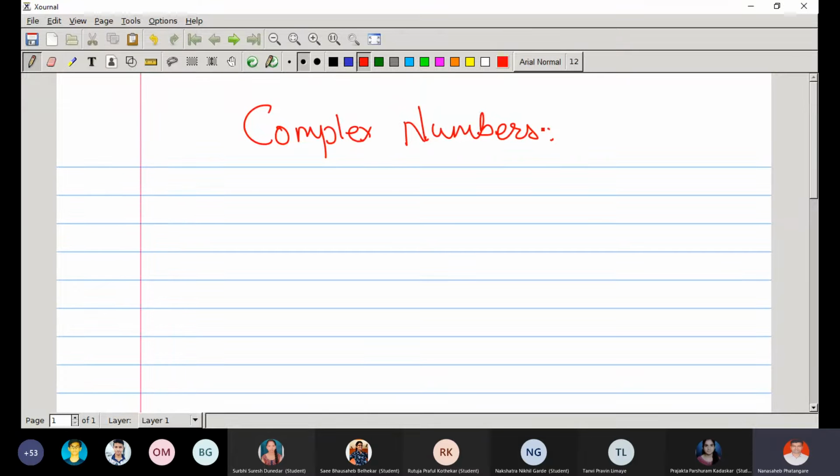But in our course we'll try to learn only basic properties of complex numbers. That means what we learn: addition, multiplication, division or basic properties, and various inequalities, equalities, log of complex numbers.